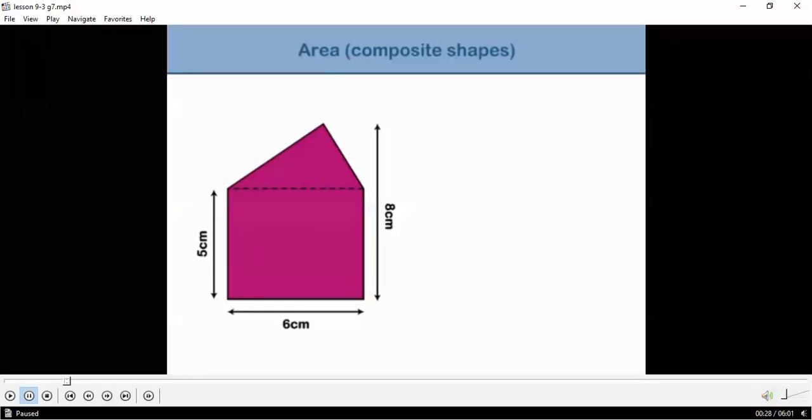So once we combine two or more different shapes, we can say that this one is a composite figure. How are we going to calculate the area of a composite figure? We will separate it into two parts, then calculate the area of each part. By the end, we have to add them together.